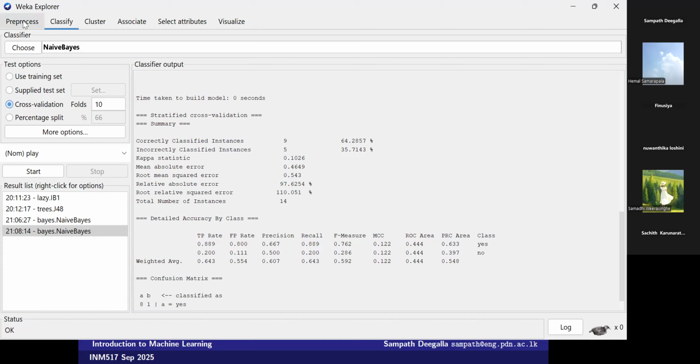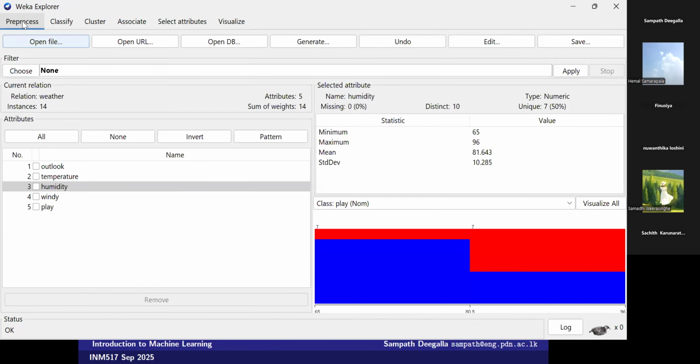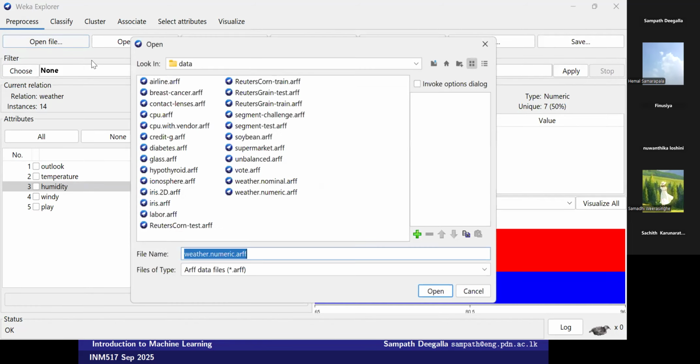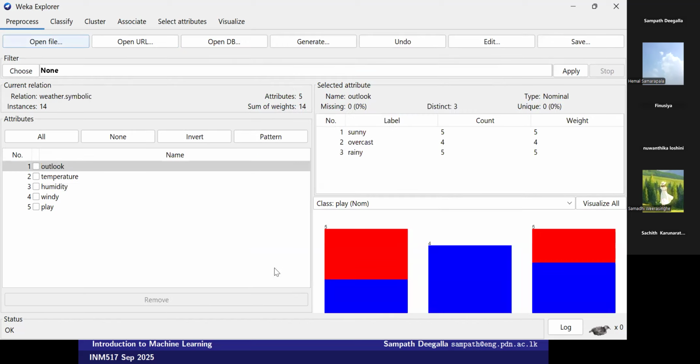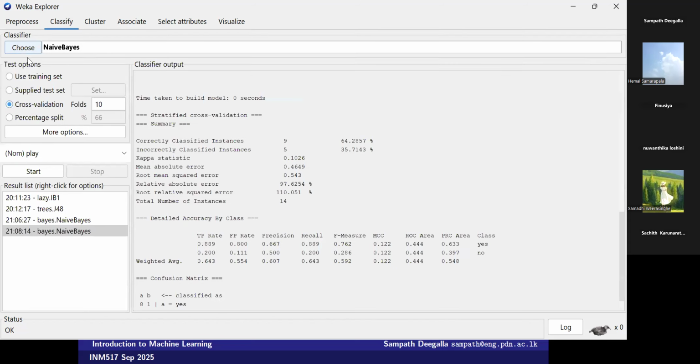So I'm going to open up from the beginning. I'm going to start with the nominal data set. We have weather nominal, and I'm going to go to the classify tab.